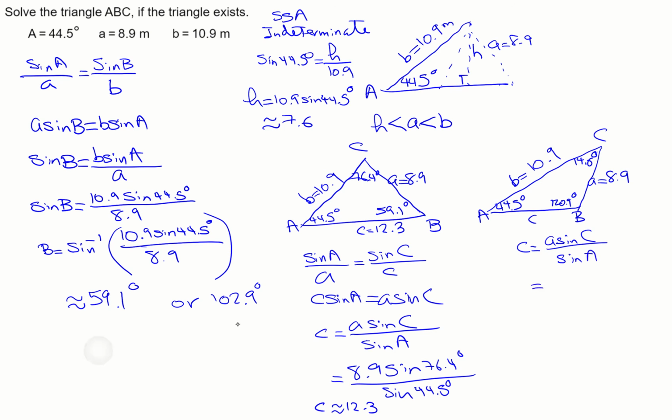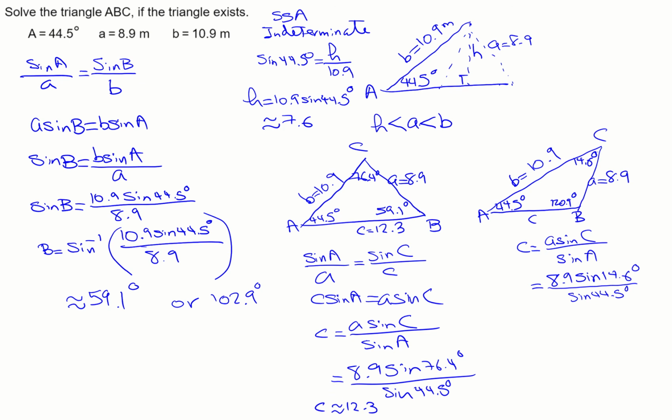A, of course, remains the same, 8.9. Sine of C is different. C is this time 14.6 degrees. And we're going to divide that by sine of A, which also does not change. So sine of 44.5 degrees.